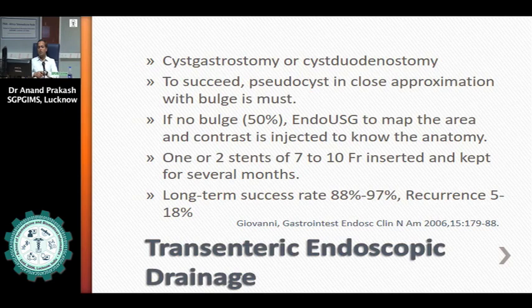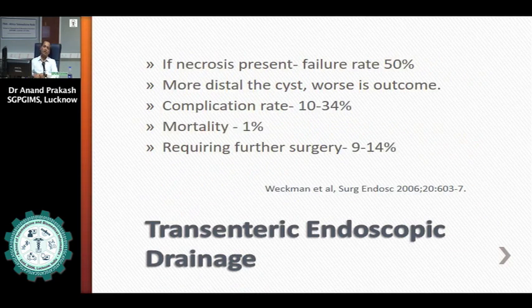Now, the mainstay in the management of pseudocyst of the pancreas nowadays is the endoscopic technique. This could be transenteric or transpapillary. Now, in the transenteric group, there are two modalities available. One is cyst gastrostomy and another is cyst duodenostomy. There are a few eligibility criteria for the patient to be subjected to transenteric endoscopic drainage.